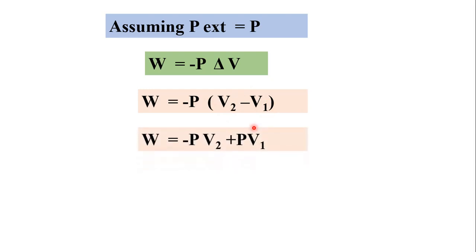That is, W is equal to minus PV2 plus PV1.